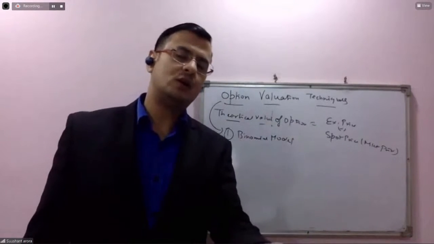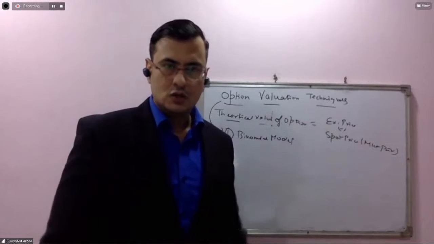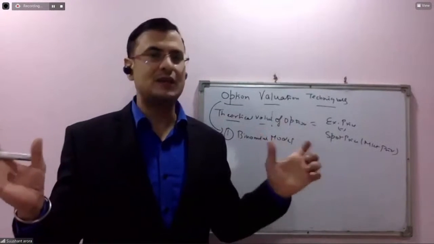What does the binomial model basically do? Just like the way we have done in question number 11 of the assignment, it gives us the expected price of the stock.